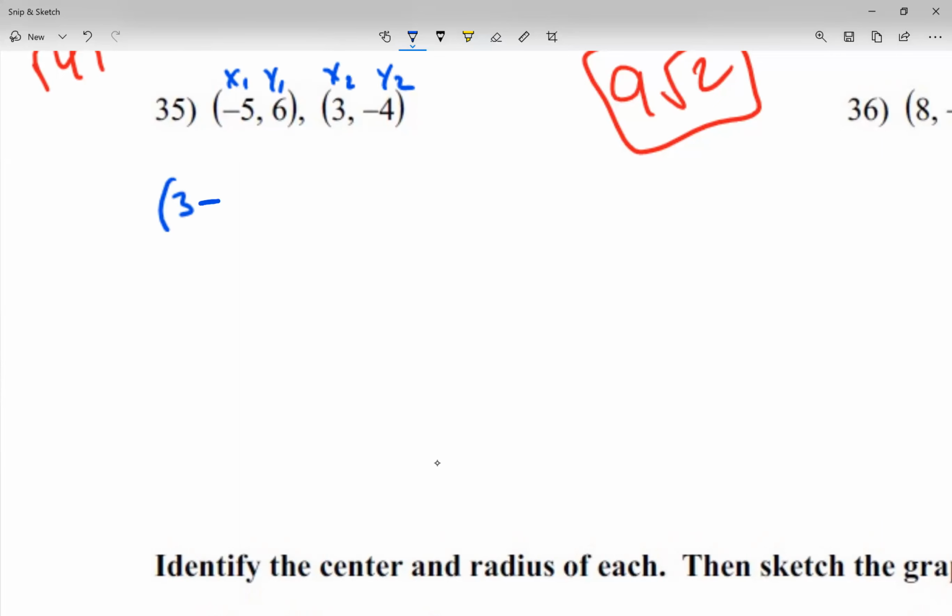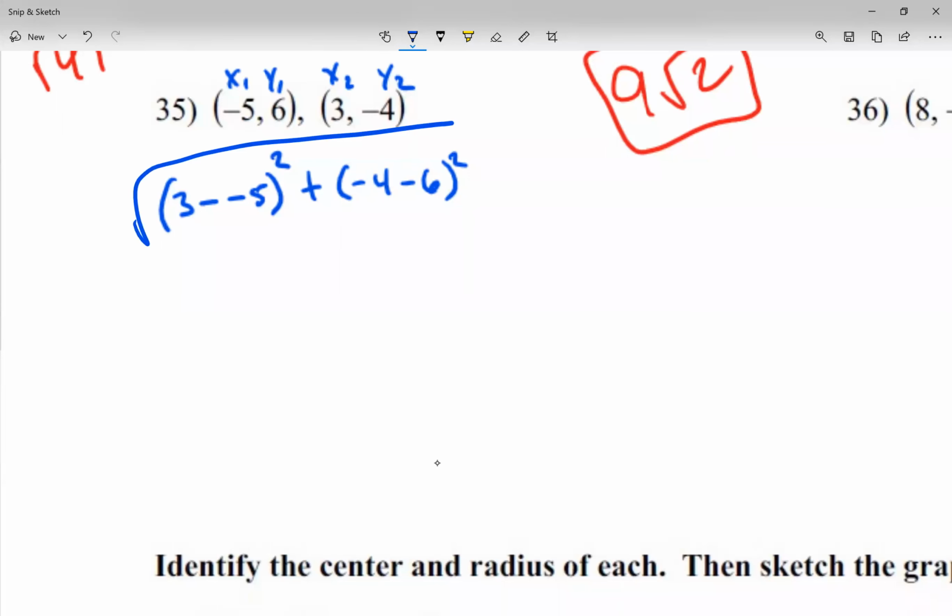So 3 minus a negative 5. My parentheses is going to be squared. There's going to be a plus sign in between my parentheses. So the second parentheses, I'm going to do the second y minus the first y. So negative 4 minus 6. And that parentheses is squared. And all of this is inside a square root.